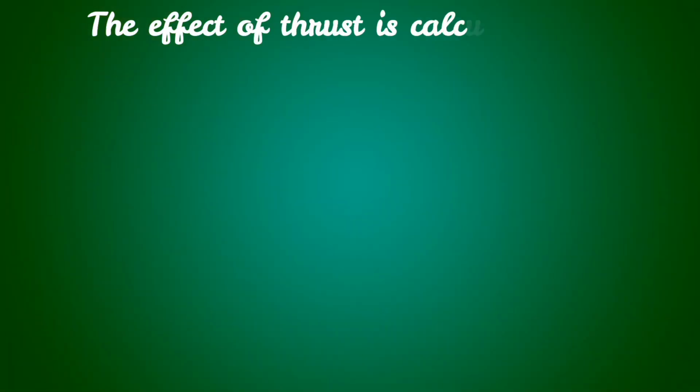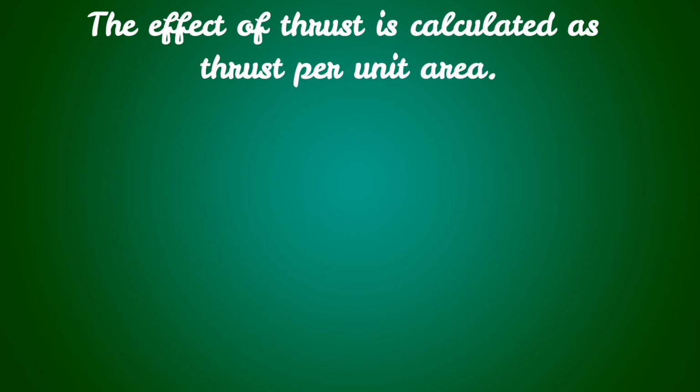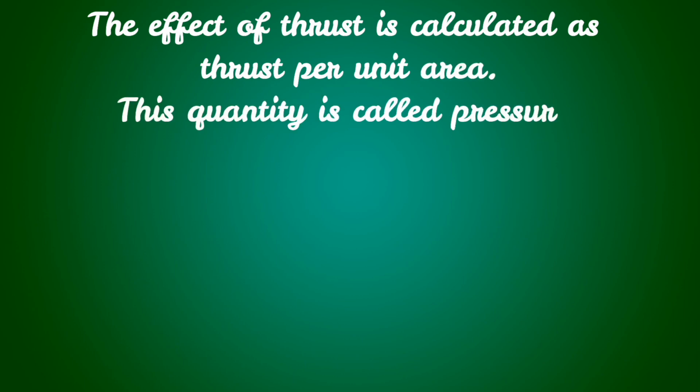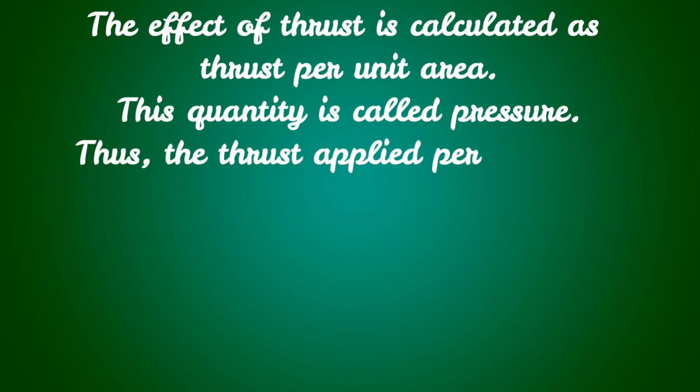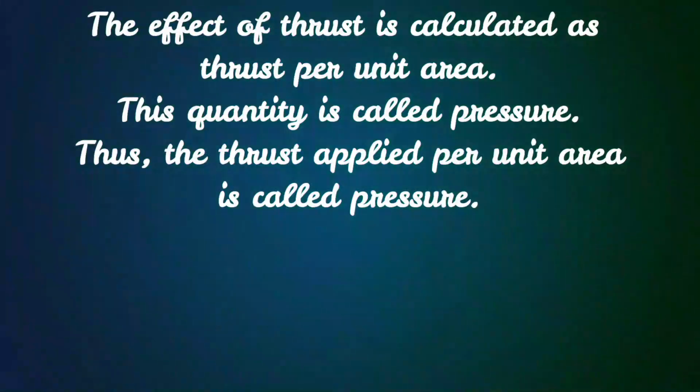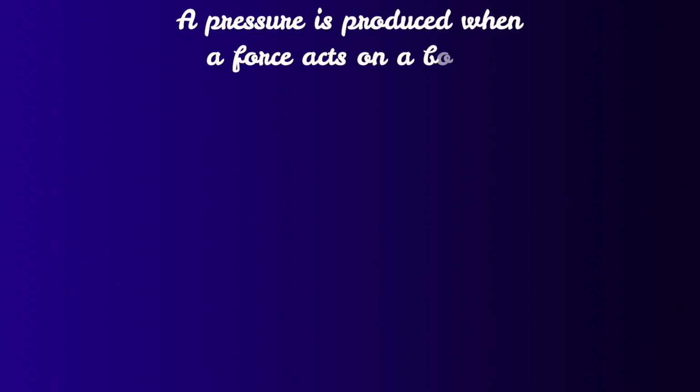The effect of thrust is expressed in terms of thrust per unit area. This quantity is called pressure. Thus, the thrust on unit area of surface is called pressure. Pressure is produced when a force acts on an object.